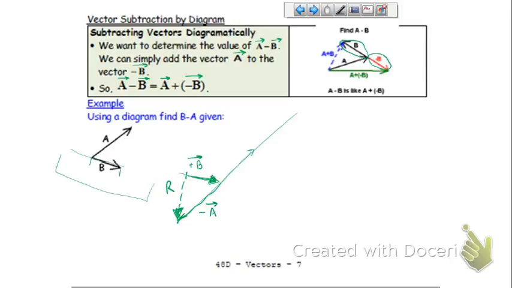So what I'll look for is, did you draw B in the right direction, about the right length? Did you put an arrowhead on it? Did you draw minus A about the right direction, about the right length? Did you put an arrow on it?